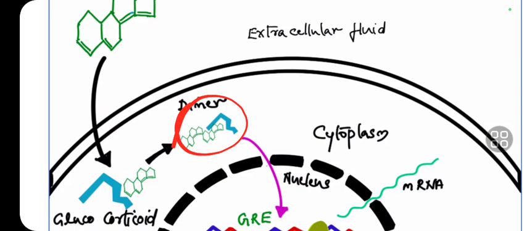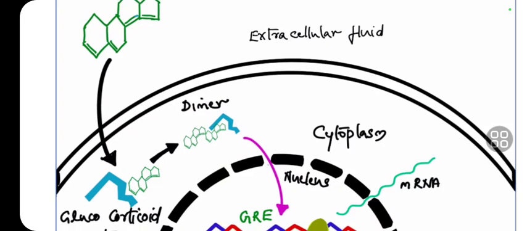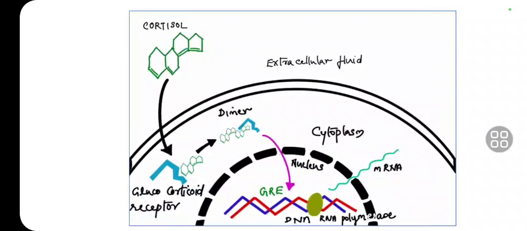Here we can see the dimer. Only after being converted to this dimer can it traverse from the cytoplasm into the nucleus.